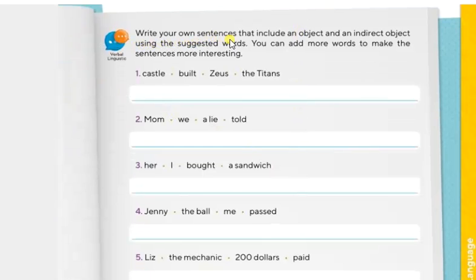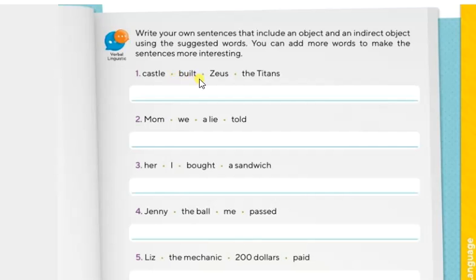Write your own sentences that include an object and an indirect object using the suggested words. You can add more words to make the sentences more interesting. So you have these words and you have to put them in the correct order to make a sentence.